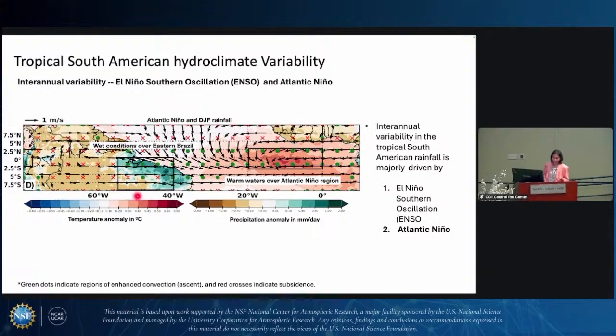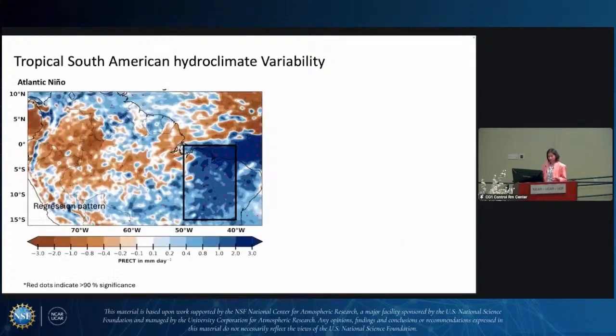So during JJA season, this positive anomalies actually extends even further to the west. Do we see that in our model? Yes, we do. We get this positive anomalies over the eastern Brazil, and then what about the precipitation which is tracked only from the Amazon source box?